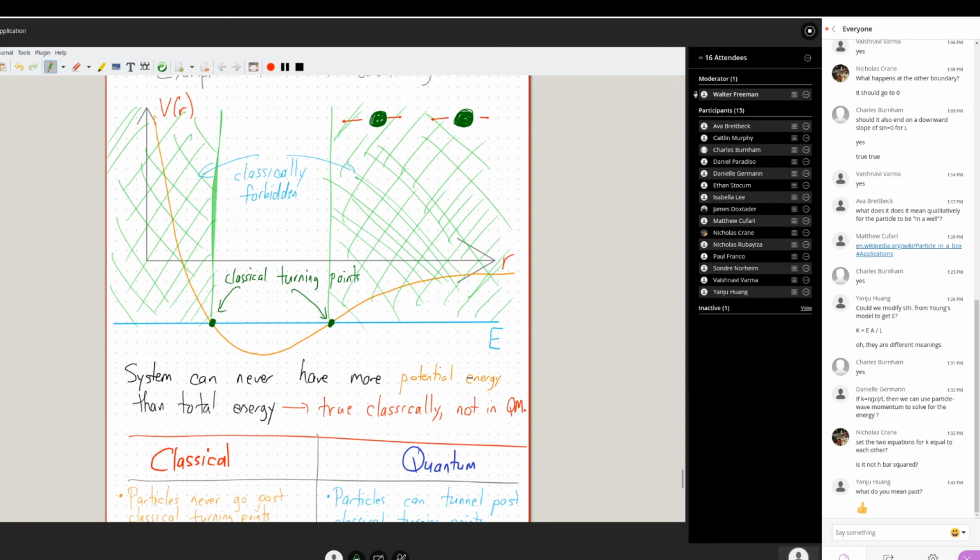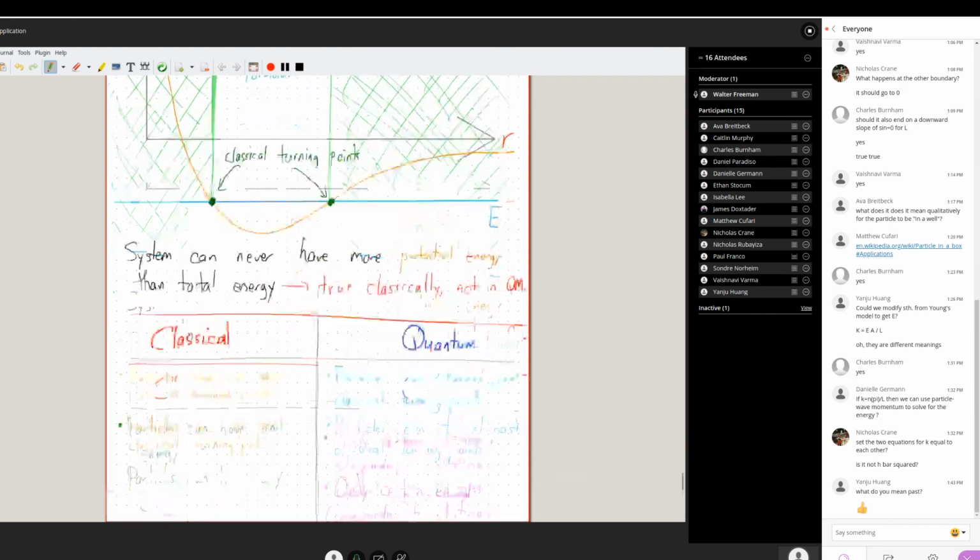Like if I have 10 joules of potential energy and 8 joules of total energy, that would mean my kinetic energy is negative. And kinetic energy cannot be negative in classical physics. It turns out kinetic energy can, in a sense, be negative in quantum mechanics, and that's what we'll see soon.